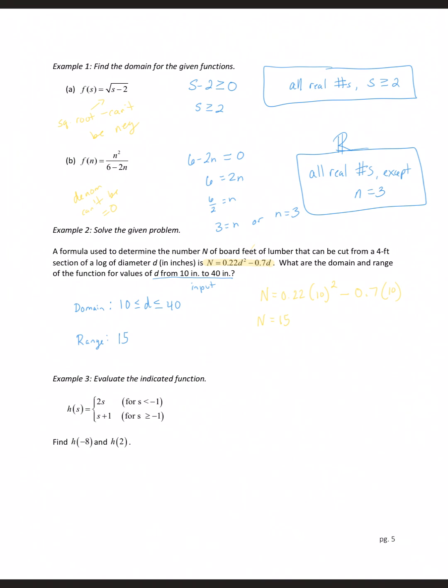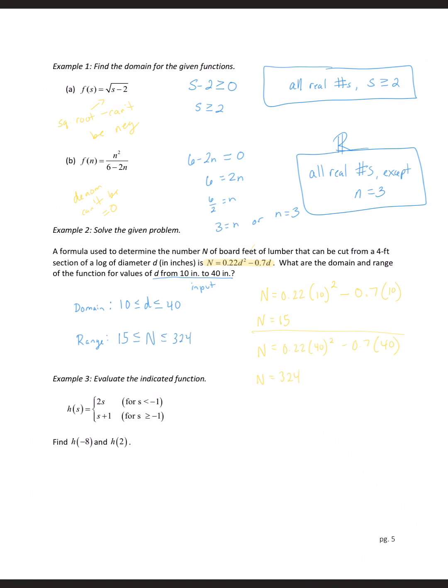Now we need to calculate our largest range value. So I want you to go ahead and evaluate this function for the diameter of 40 and then finish writing our range. So pause the video and go ahead.